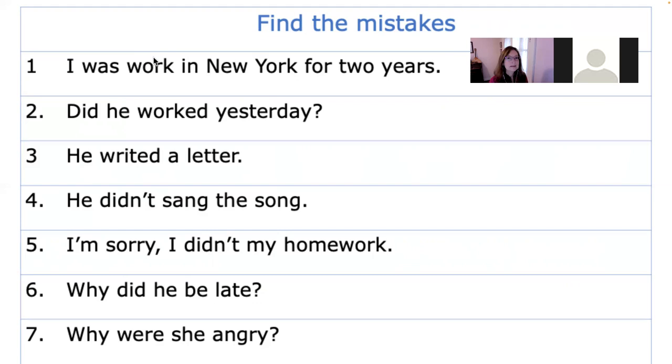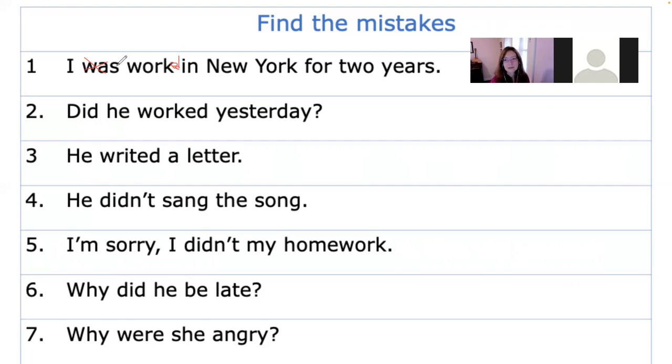A lot of times students will think that to make the past tense, they just put was in front of the verb. So you'll hear that sometimes, but we have to tell them, no, it's not was work, it's worked, right? We need to put that ed at the end of the verb.